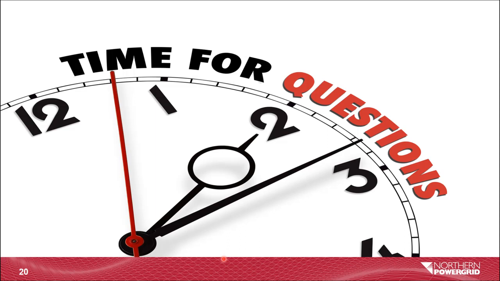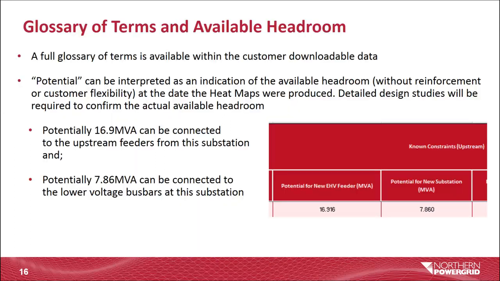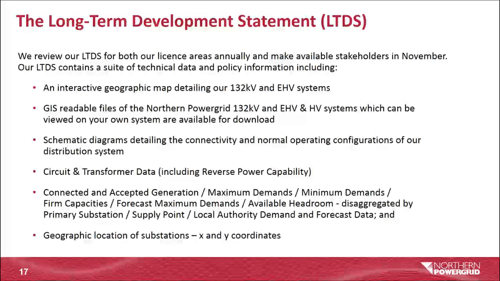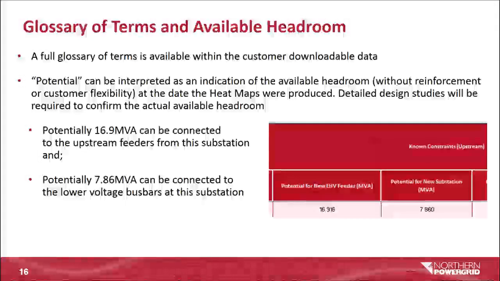Regarding headline numbers and how to interpret them, within the downloadable data there's a guidance sheet that provides a glossary of terms. I'm going to move back a slide regarding how to interpret the numbers. On this slide here, we have the potential for a new EHV feeder and the potential for a new substation.